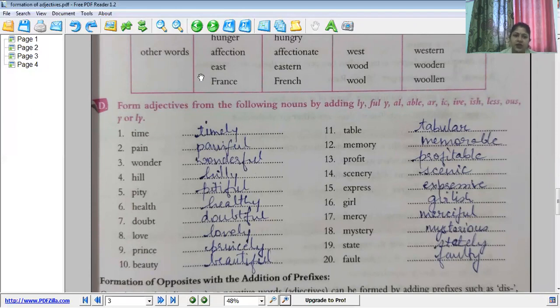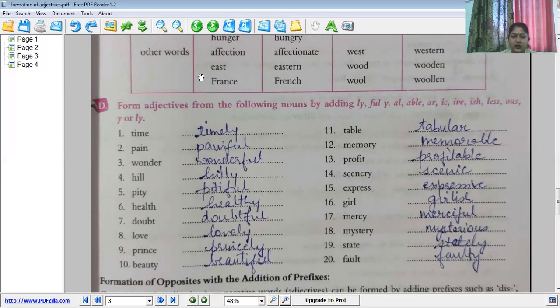Okay, let's see. Time will become timely. Pain will become painful. Wonder, wonderful. Hill, hilly. Pity, pitiful, or piteous. Both correct. Okay. Health, healthy. Doubt, doubtful. Love, lovely.